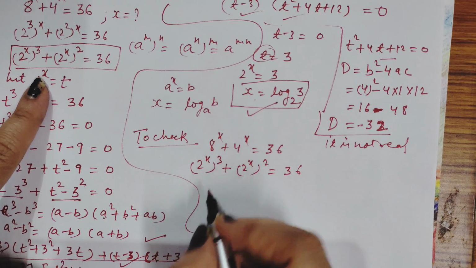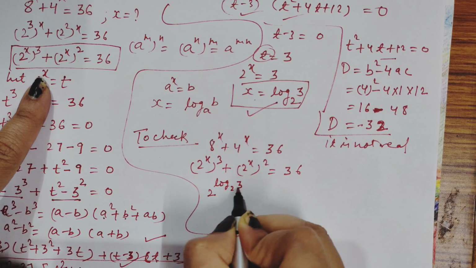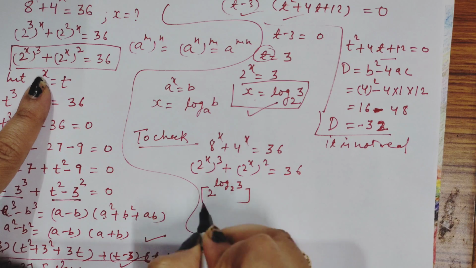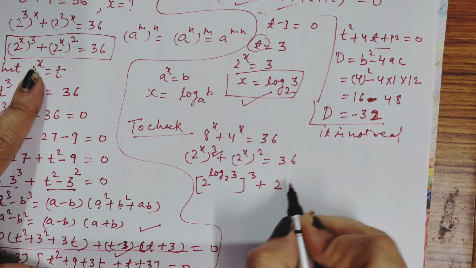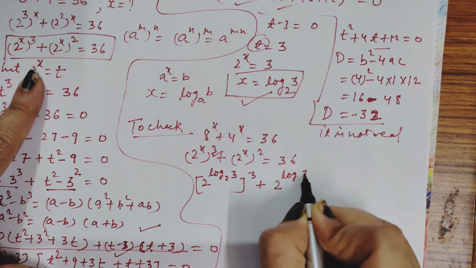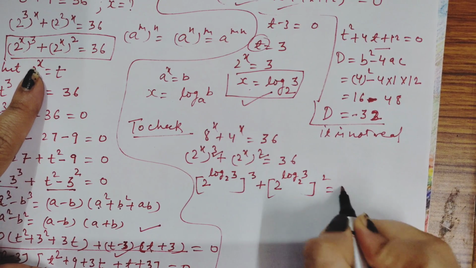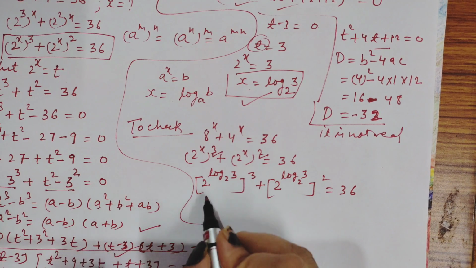Just put the value of x here: (2 power log 3 in base 2) whole cube, and the same thing, (2 power log 3 in base 2) whole square, equals 36.